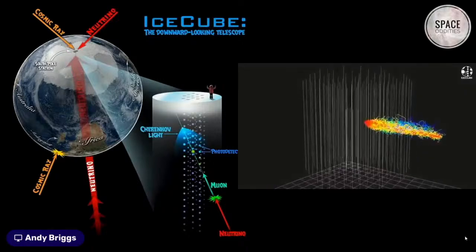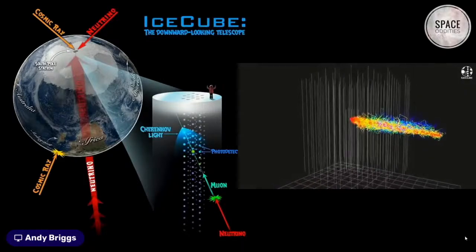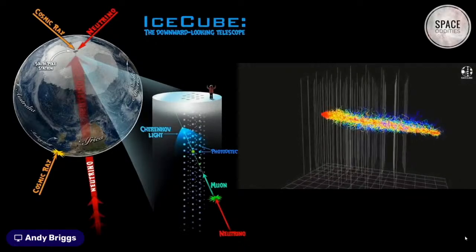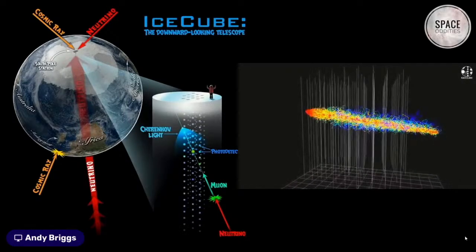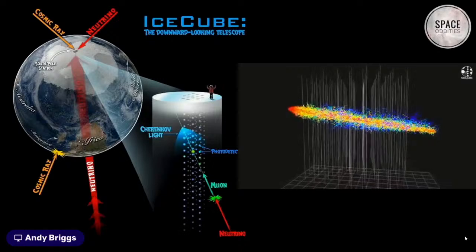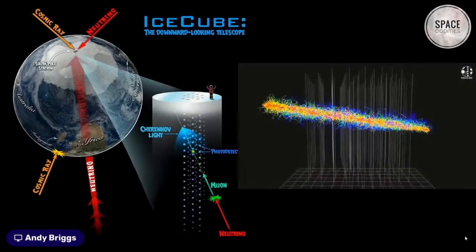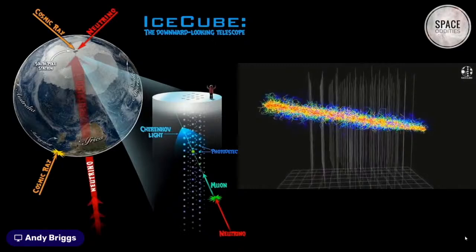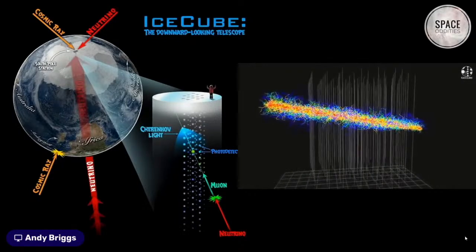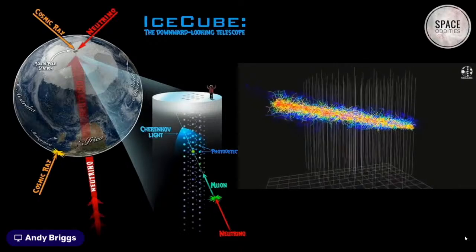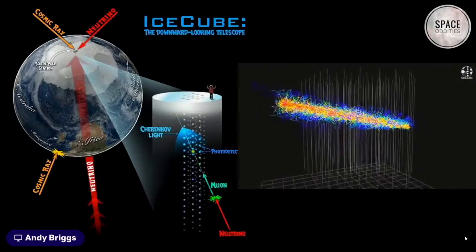This is actual data, which represents the Cherenkov radiation that's given off. And this is the path of a muon, one of the shower that results when a cosmic ray decays in the upper atmosphere. And as you can see, they can work out exactly where it came from on the sky because of its path. So what is this all about, really?